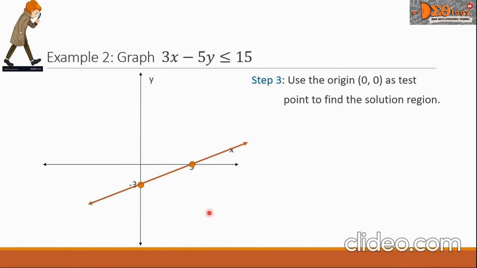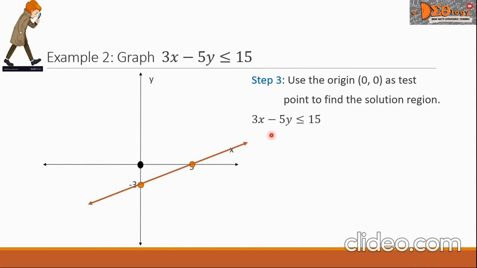Now step 3, we're going to use the origin as test point to find the solution region. The origin is here. Let us substitute the origin into our original inequality.